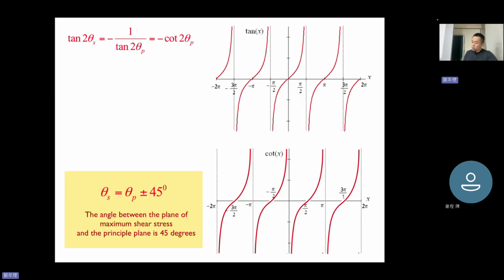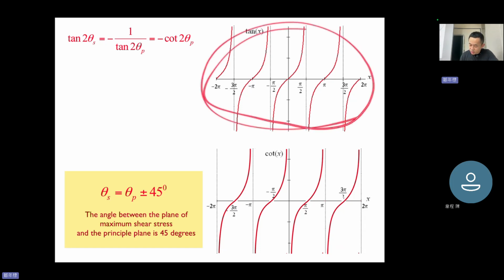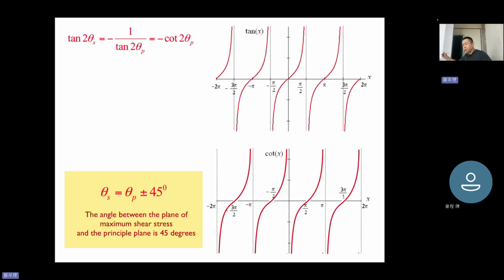Okay, so in the previous principal stress figure, it looks like this, right? This is the tangent solution, the tangent figure. If I want to get the tangent 2 theta s figure, what should we do? We need to turn this figure into minus cotangent 2 theta p, right?